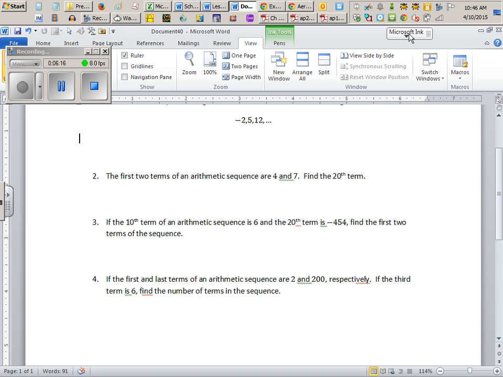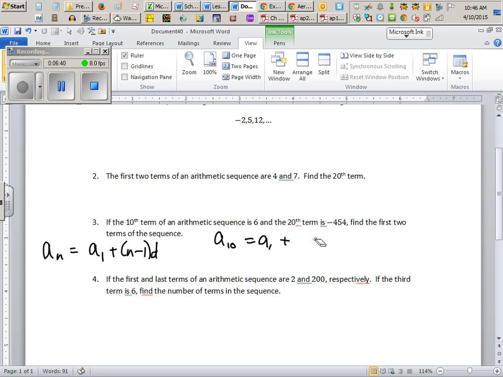Okay, so the general rule, guys, is this, that the nth term can be found by taking the first term plus n minus 1 times d. Right? You do not know what d is. But you can use this formula more than once. So for example, you could say the 10th term is the first term plus 9d, I mean.